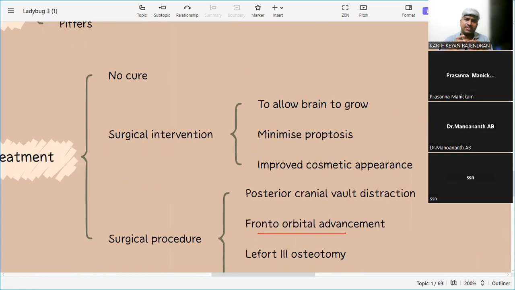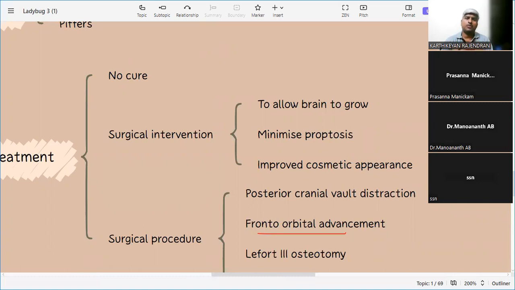Surgical intervention is done in early life, before 1 to 2 years, to allow the brain to grow, minimize the proptosis, and improve the cosmetic appearance of the face. We have to intervene early, so these children undergo many procedures.